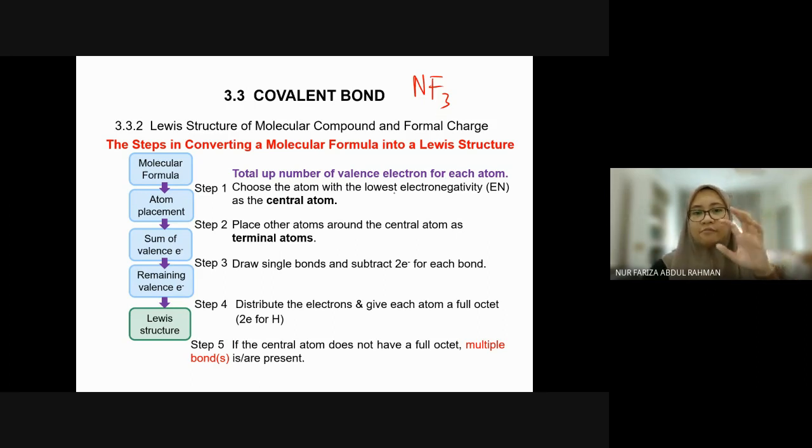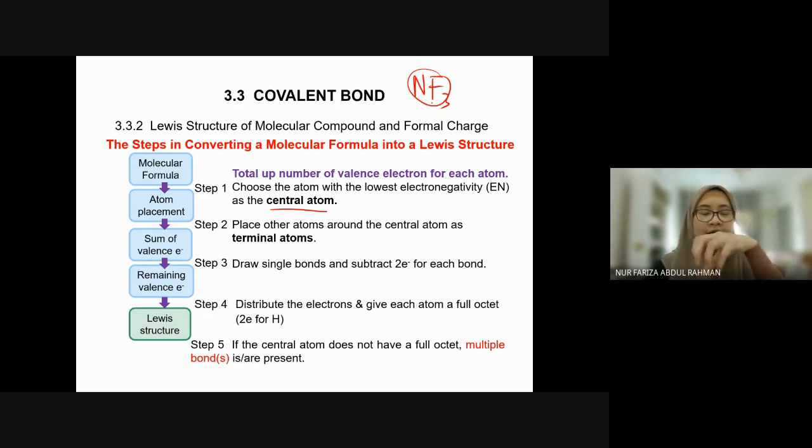Okay, and then from there, we're going to choose the atom with lowest electronegativity as the central atom. Kita kena decide which of these two atom, okay, will become the central. Central is very important. It's like the mother, okay? Dia yang pegang all the terminal atom tu.